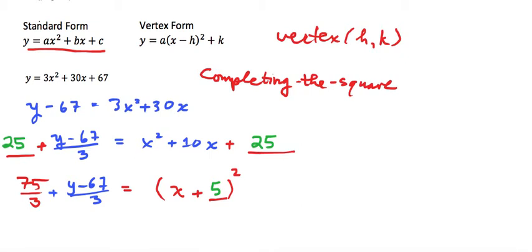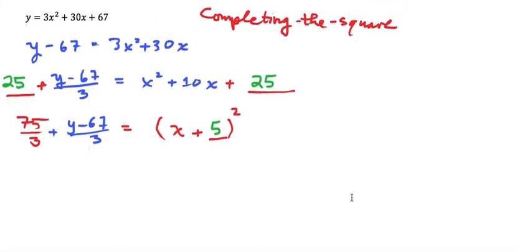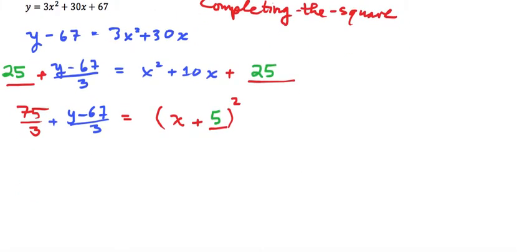So now what's left to be done? Well, all we're going to do is combine everything on the left side of the equation. So 75 minus 67 is 8. So that gives me y over 3 plus 8 over 3 is equal to (x plus 5) quantity squared.